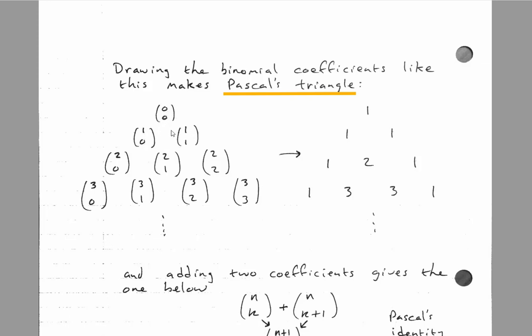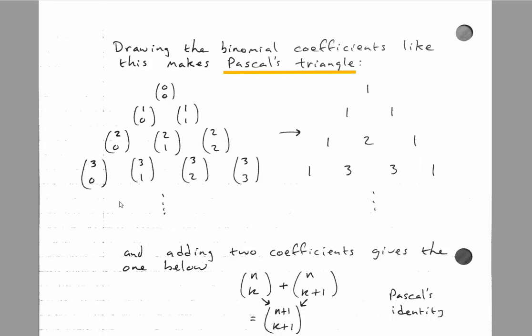Then increase the top number to 1. So 1 choose 0, 1 choose 1. We get 2 1s. Then for this row, with 2's on top. So these are the numbers that come out if you have x plus y to the power 2, x plus y to the power 3. You get these numbers.